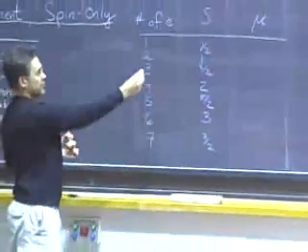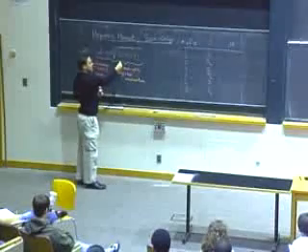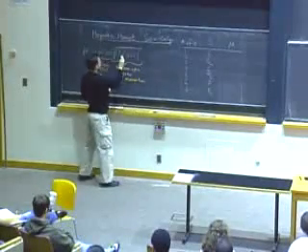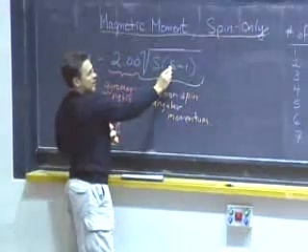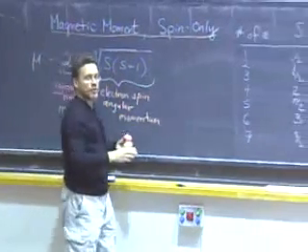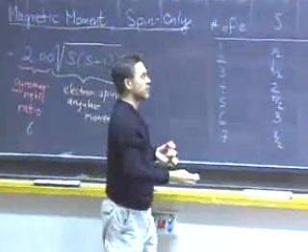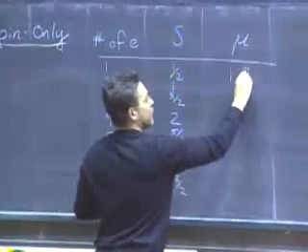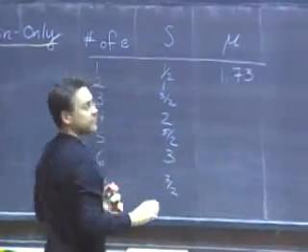And if you put this into this formula, you would see that for 1 unpaired electron, it would be 2 times the square root of 1/2 times 1/2 plus 1. That would be the square root of 3. So this would be a spin-only magnetic moment of 1.73.